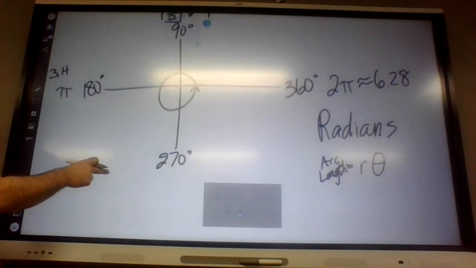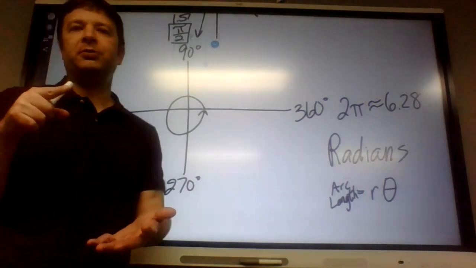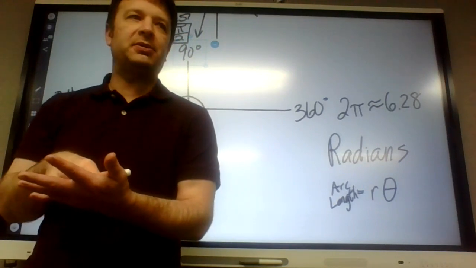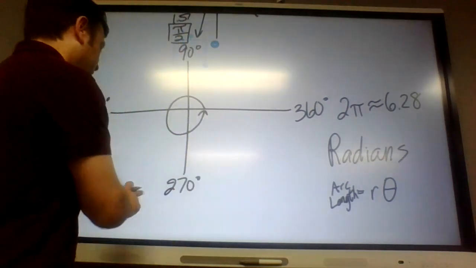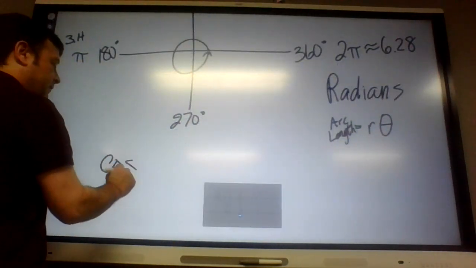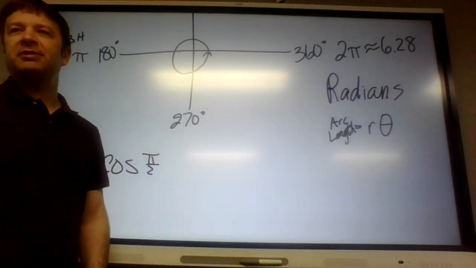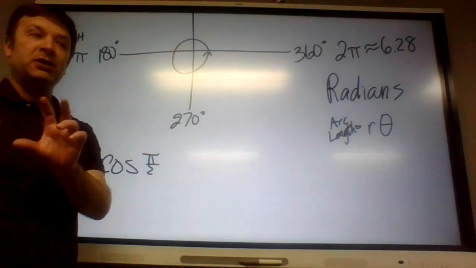So if there's an equation with pi in it, we could just replace it with 180 to get the angle. Also, on your calculator, the nice calculators, there's a way to change it from degrees to radians, if you want to figure out what cosine of pi over 2 is.